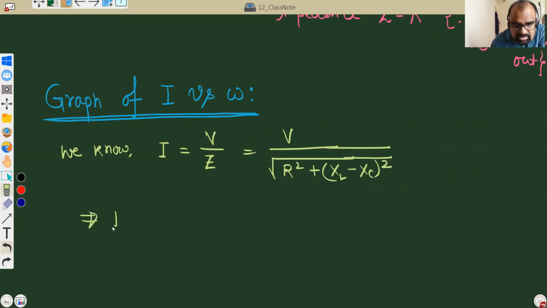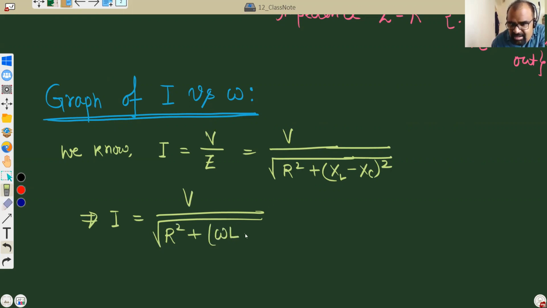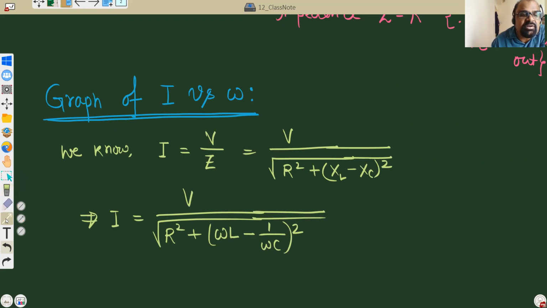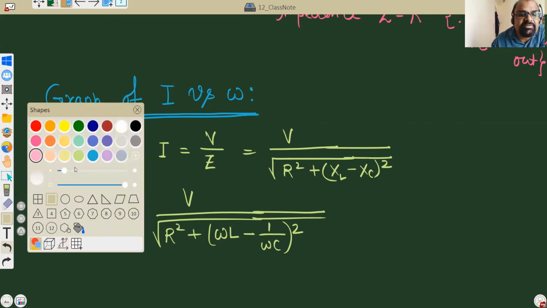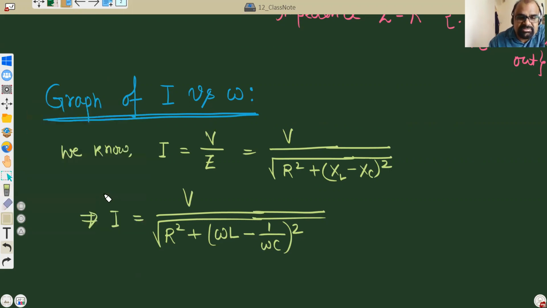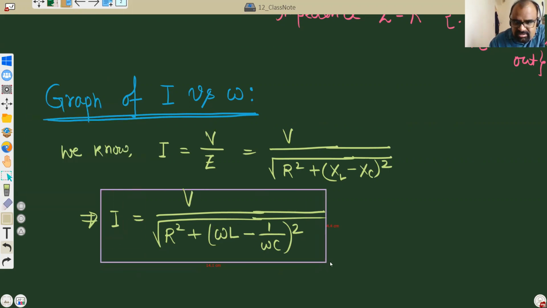Or we can write it as R square plus, in place of XL, omega L, and in place of XC, 1 by omega C, whole square. Fine. Now this is what we will observe closely, and we will try to get some information from here.